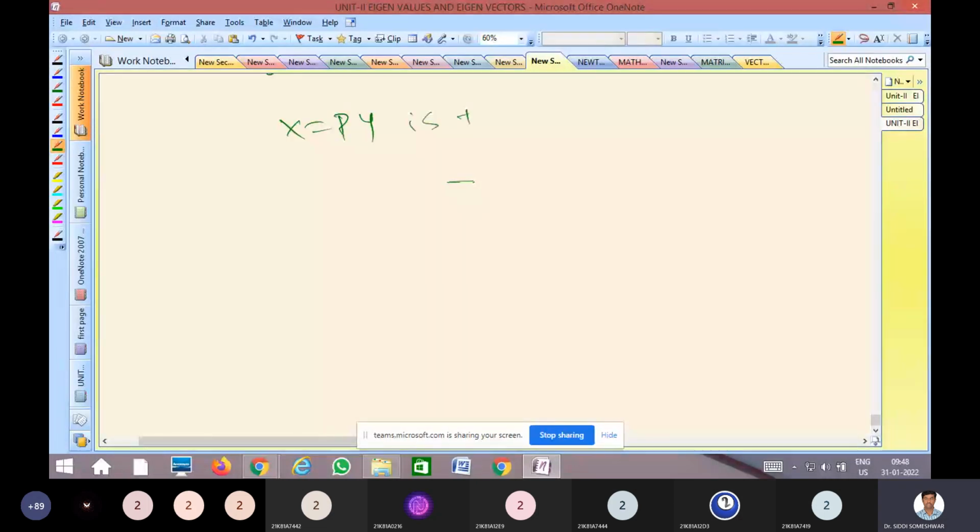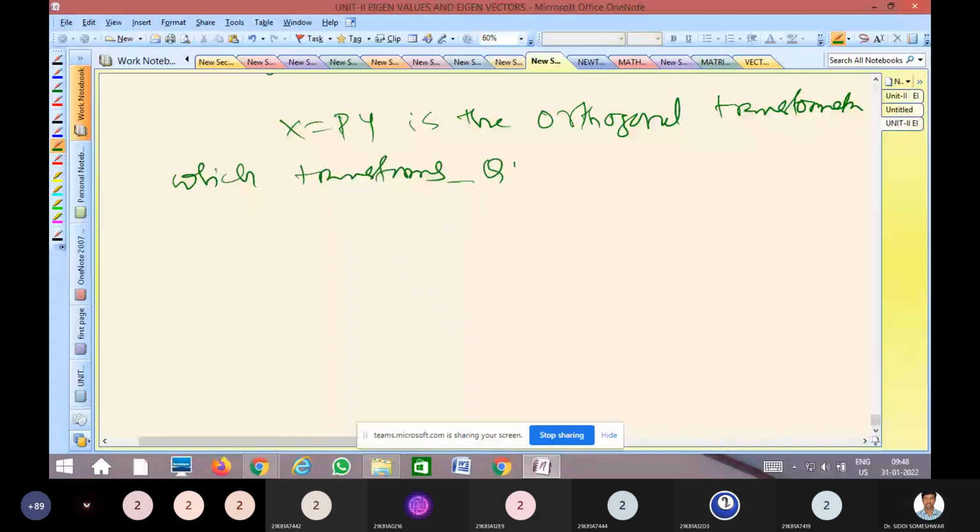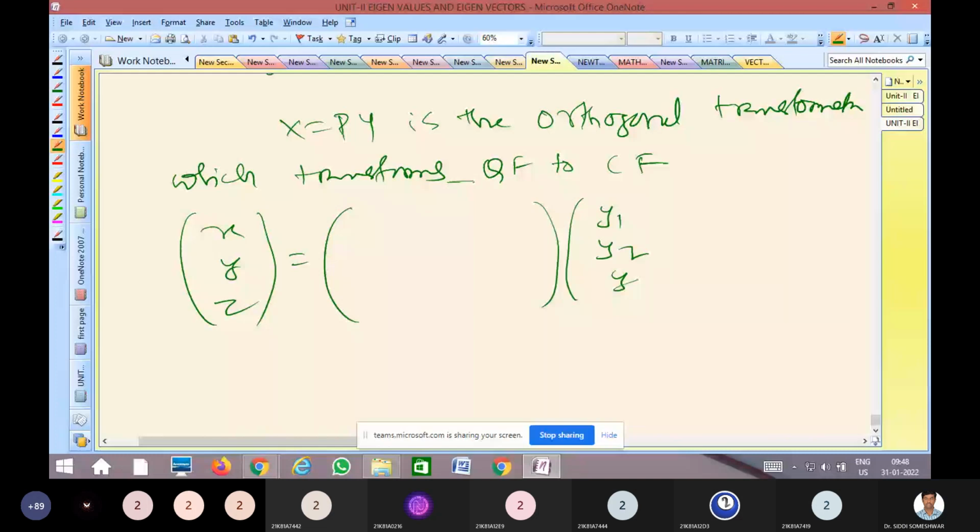It is the orthogonal transformation which transforms quadratic form to canonical form. So I'm taking x, y, z as elements of capital X, and P is the model matrix, and then you need to write y1, y2, y3.